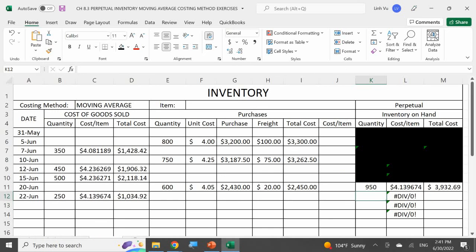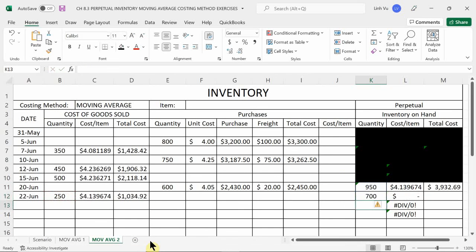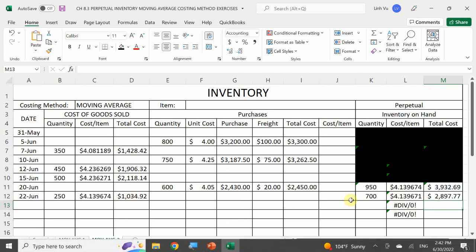Okay, we're going to subtract that out. Right, giving you 700 units left remaining. Okay, at a grand total cost of $2,008.9777. Okay.